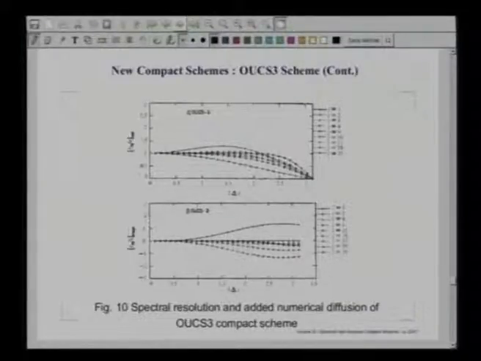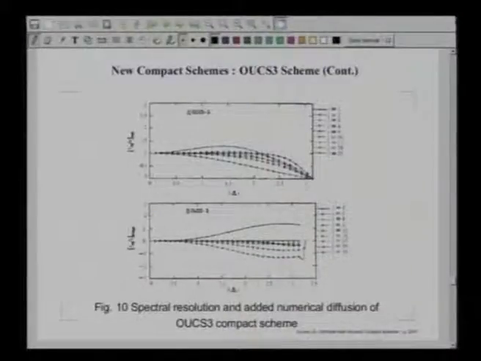And once again you can see that most of the time, look at this value of the real part, it remains flat all the way up to about 2.2, 2.3. So, we have a scheme which gives a very, very flat performance like what you would have gotten using a Fourier spectral method.